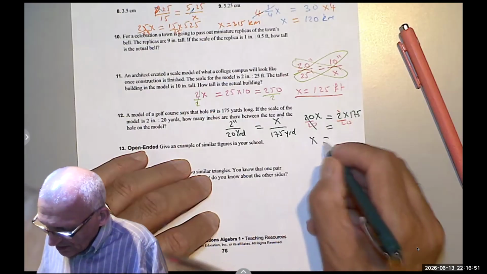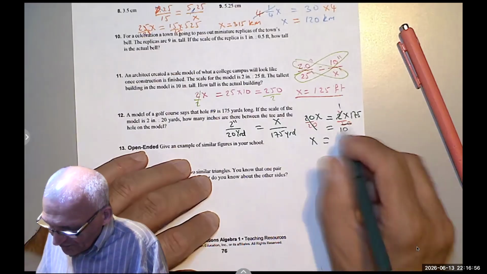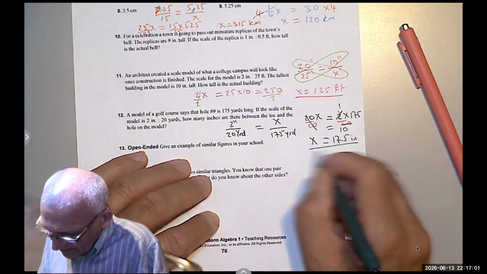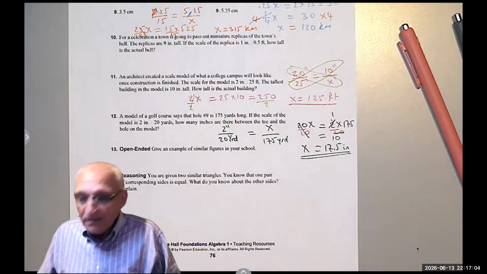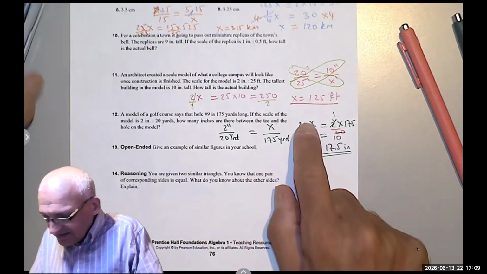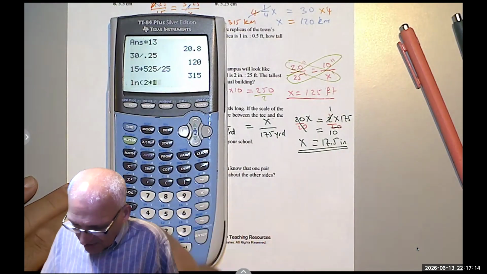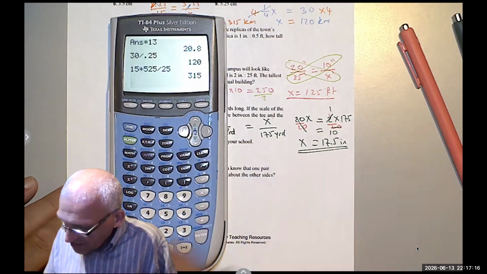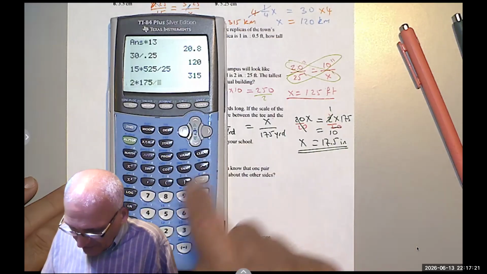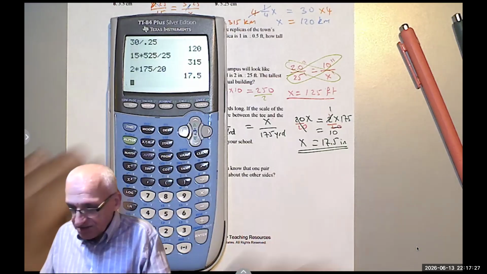So I get x equals, the 2 and the 2 would make that 1, and this is 10, and 175 over 10 is 17.5 inches. Okay, so I divided 20 by 20. And again, I could have said x equals 2 times 175 over 20, and it's 17.5 inches.